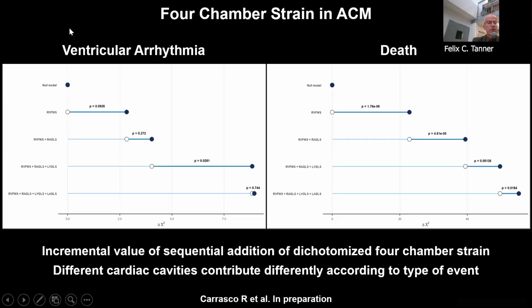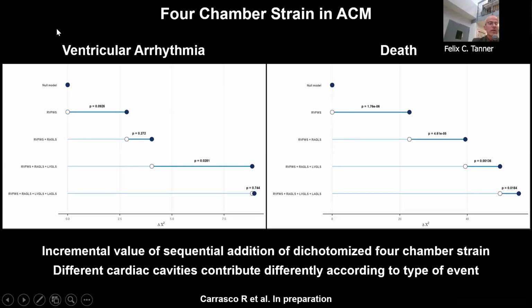And you see here with death, sorry, I mixed it up. With the death, when you start at the right ventricle, add right atrium, left ventricle, left atrium, in each of these steps, with each cavity, you gain something in terms of your prediction model.